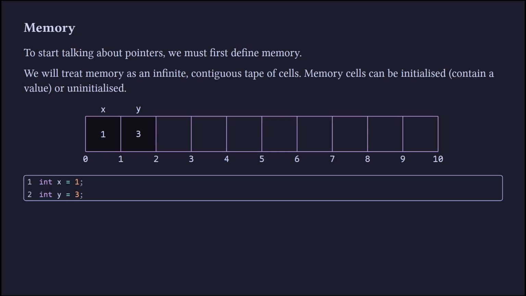In practice, it's not infinite. And initialization isn't real. But we will treat it as if it is, because it will work well for our mental model. In this case, I've allocated two local variables, x and y, and I've placed them into the tape.